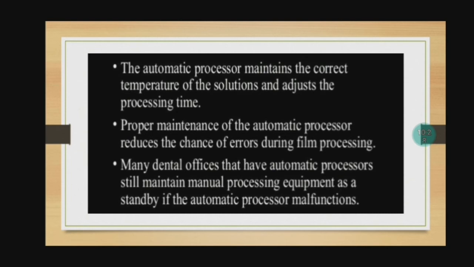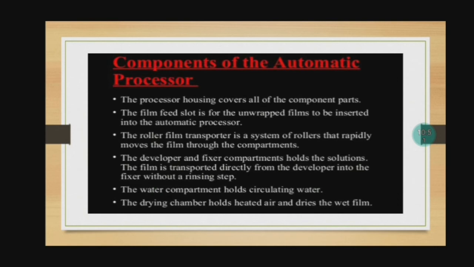The automatic processor maintains the correct temperature of these solutions and adjusts the processing time. Proper maintenance of the automatic processor reduces the chance of errors during film processing. Many dental offices that have automatic processors still maintain manual processing equipment as a standby in case the automatic processor malfunctions.